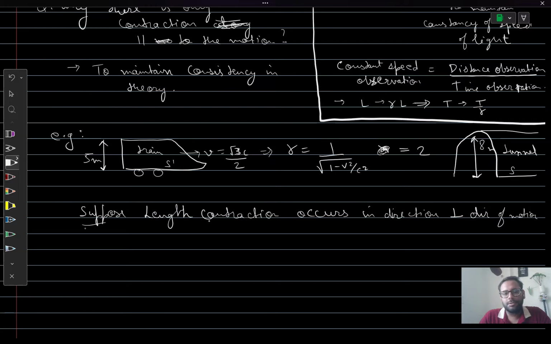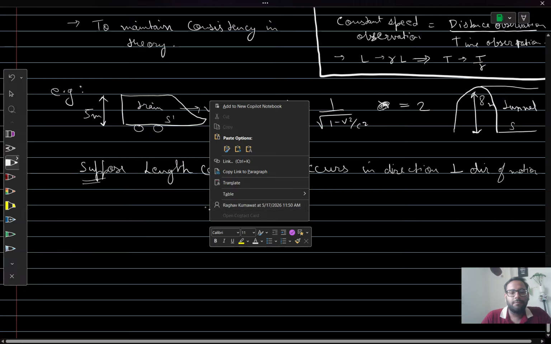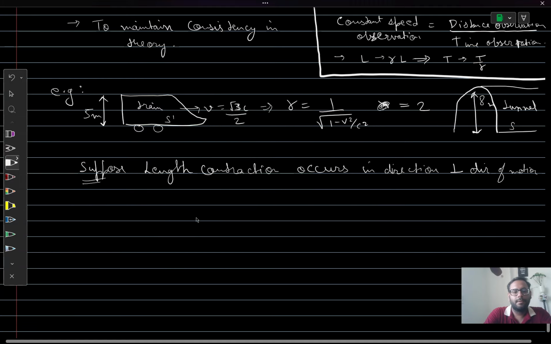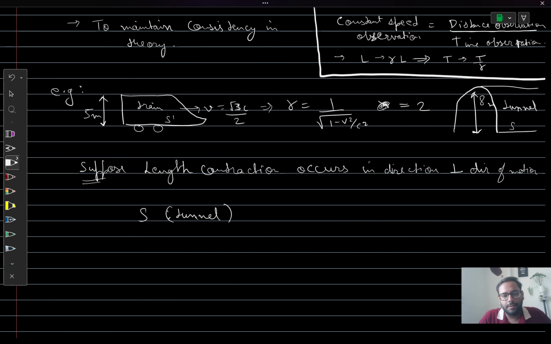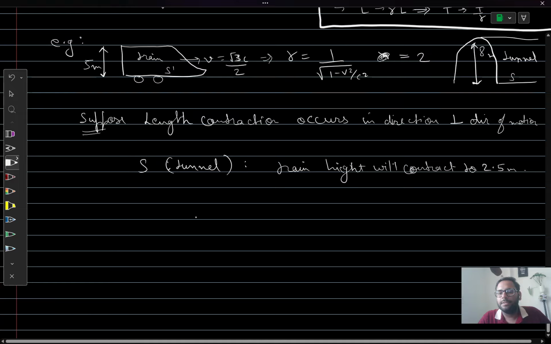But if we assume that length contraction occurs perpendicular to the direction of motion, that is, in its height, then from the tunnel frame, the stationary frame, we will see that the train's height will be contracted to 2.5 meters, when you apply the contraction expression.